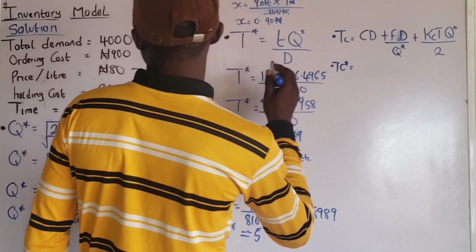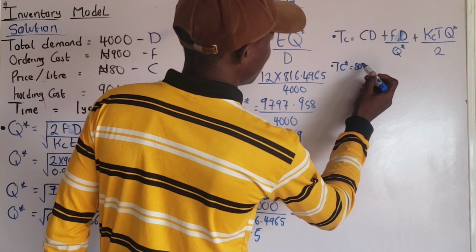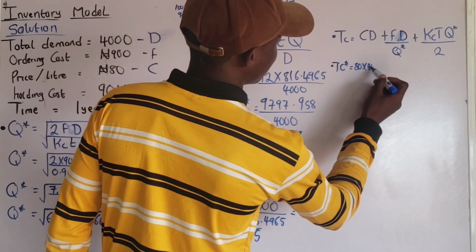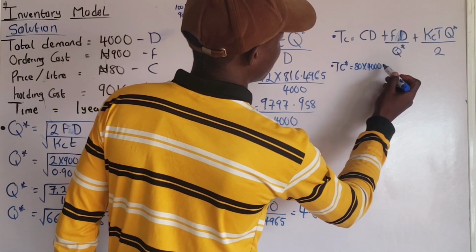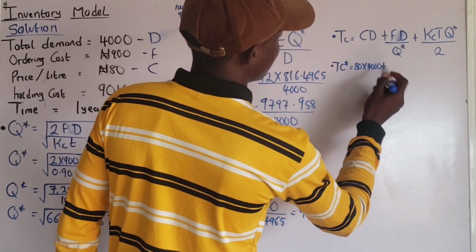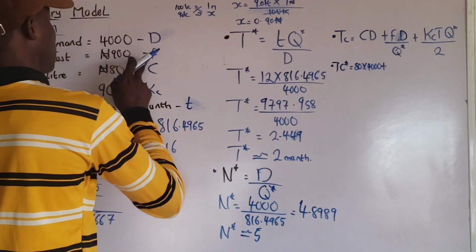So I'm going to have 18 multiplied by 4,000 plus FD. F is 900 naira.